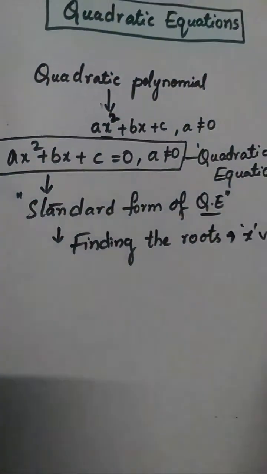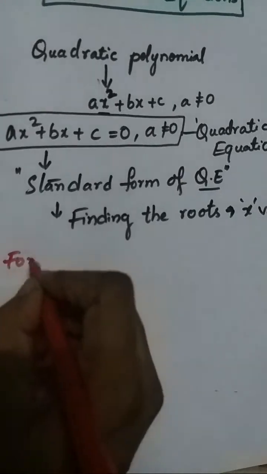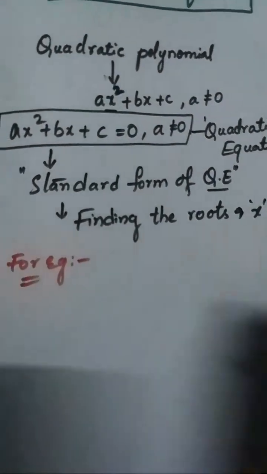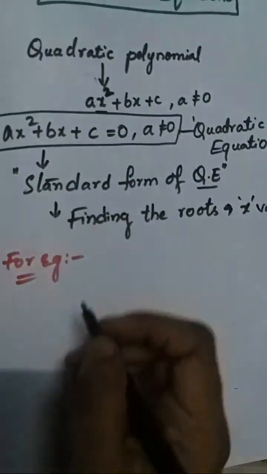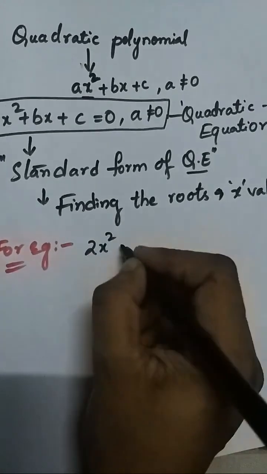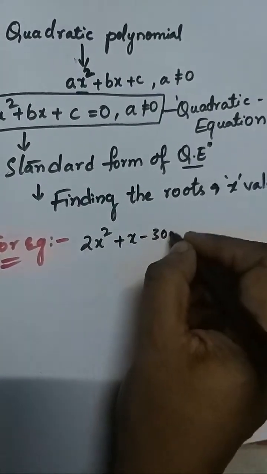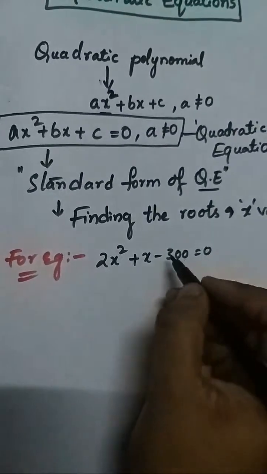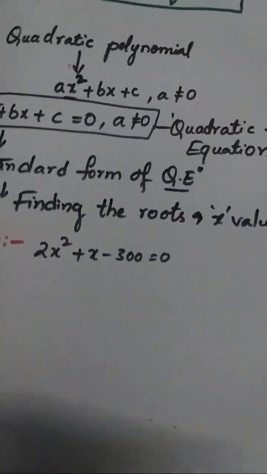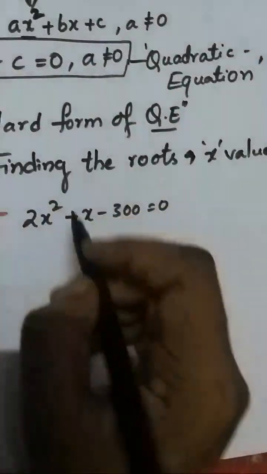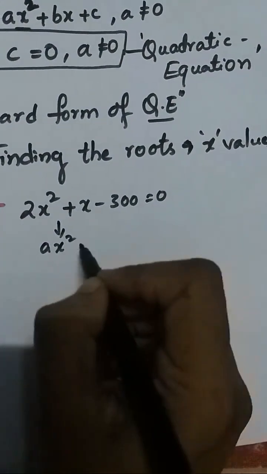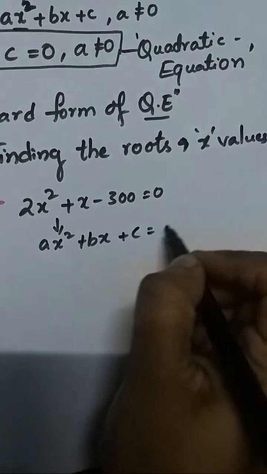For example, I will show here some quadratic equations in the same form, that is 2x square plus x minus 300. Then this is in the form of a quadratic equation. How do you say this is in the form of ax square plus bx plus c equal to 0?